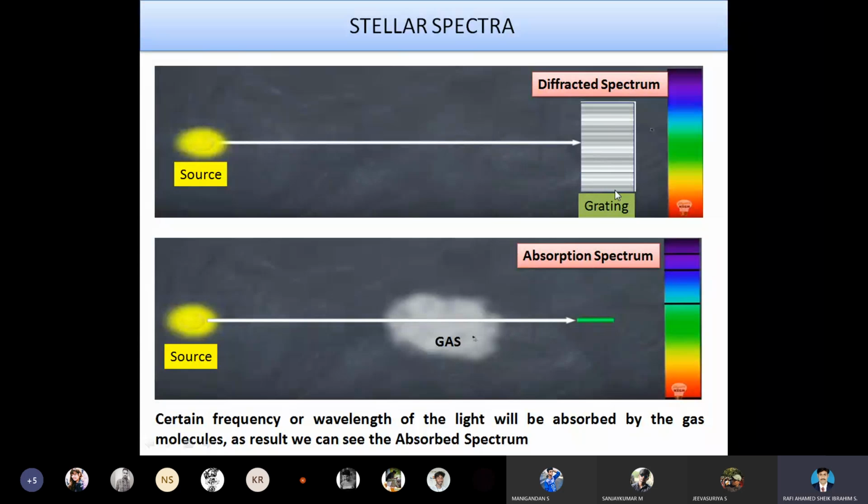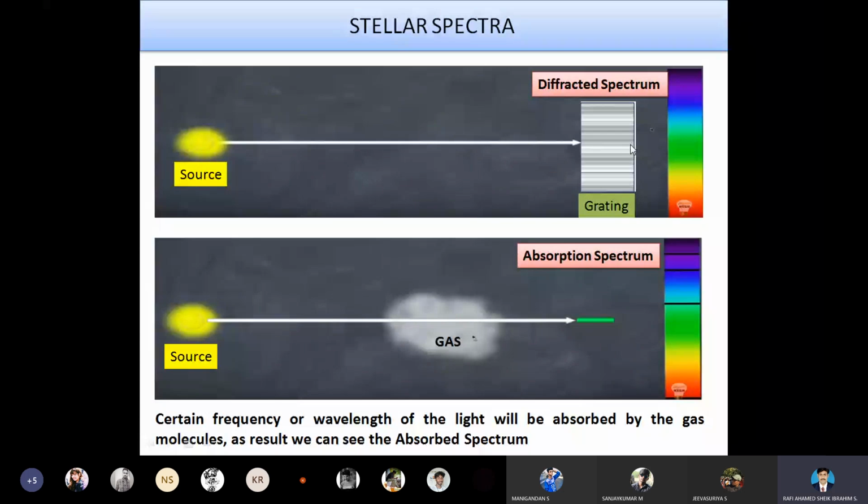This medium is nothing but a grating. When the normal monochromatic source strikes the grating, it produces VIBGYOR colors. As a result, on the screen we can see the colors. This happens due to the diffraction mechanism.